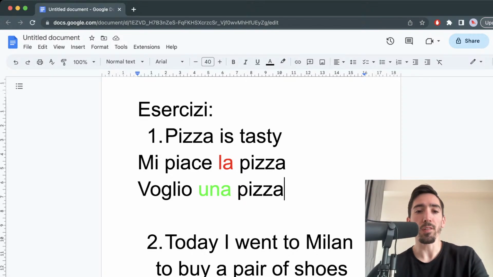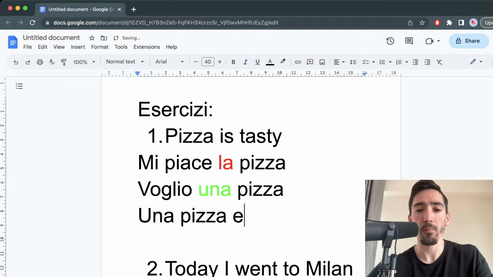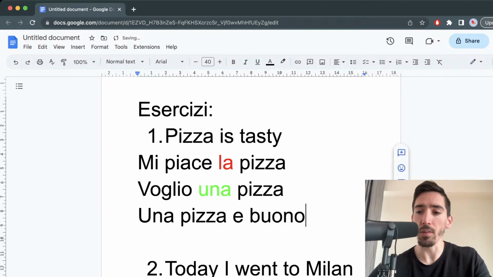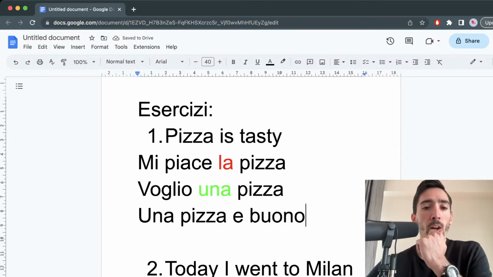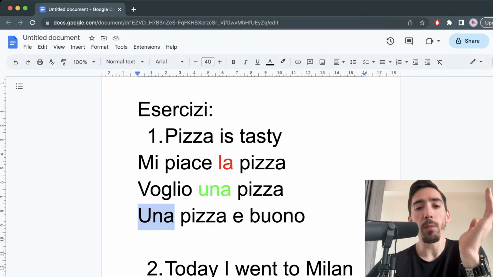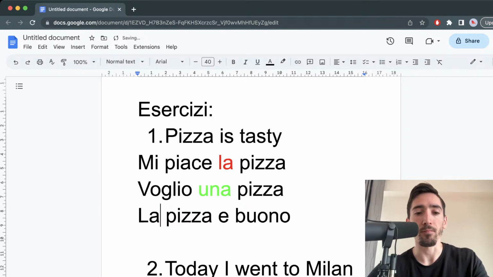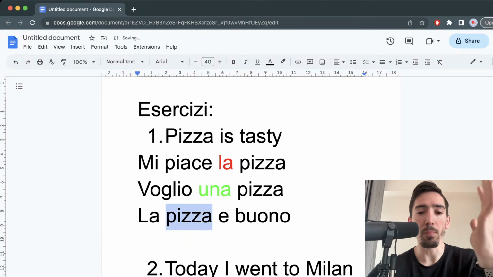So the problem with this, una pizza è buono. So this is again, Mark. Una pizza is fine. We're not talking about a pizza in particular. So we want to make a generic statement with this sentence. So la pizza would be pizza in general.